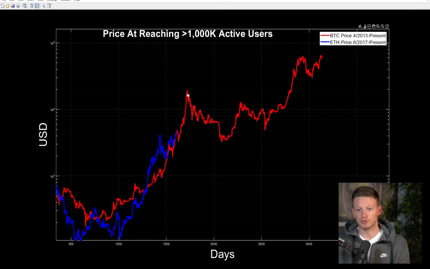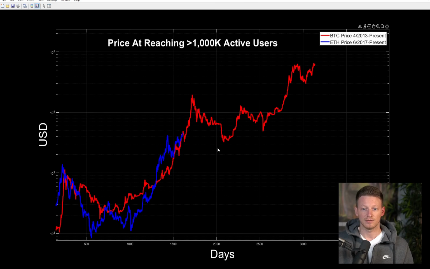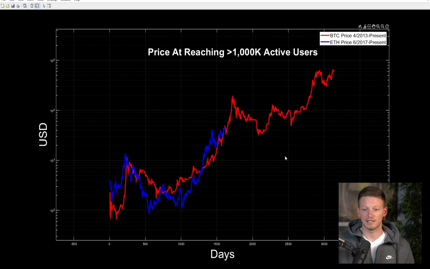Once we start to move past this $20,000 price peak, then it draws into question, well, is Ethereum on track for where we're at today? And I think it's way too soon to tell that. And that will depend on a lot of factors which may not even have begun to play out yet.